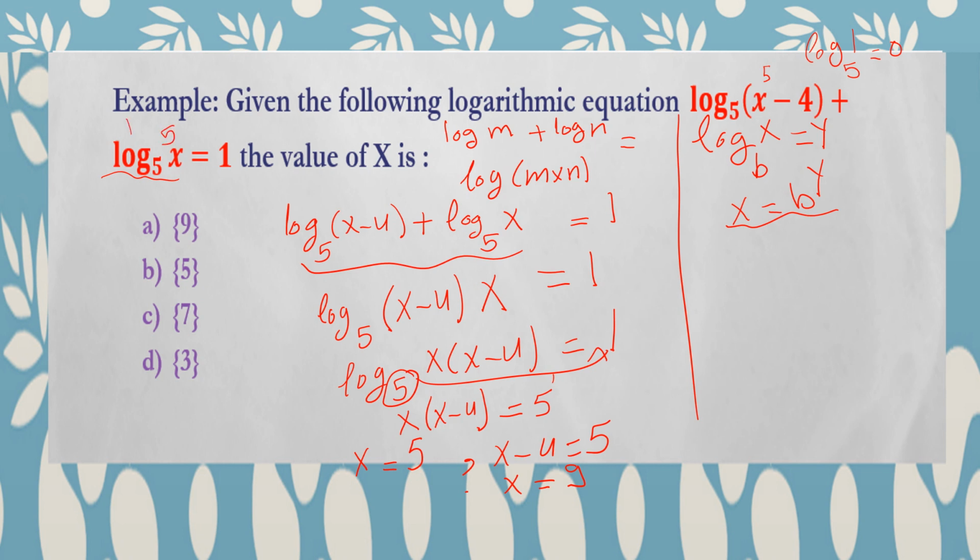So 0 plus 1 equals 1. So this is correct. For 9, 9 minus 4 equals 5, then log 5 for 5 equals 1, plus log 5 for 9. This would not equal 1, so we reject x equals 9, and the correct answer is x equals 5, and the correct answer is B.